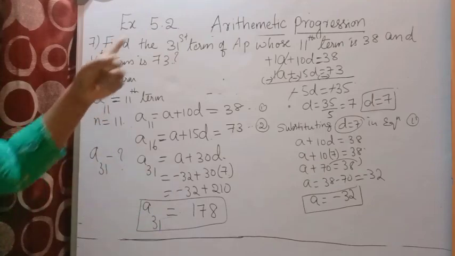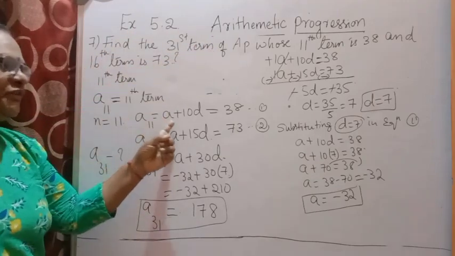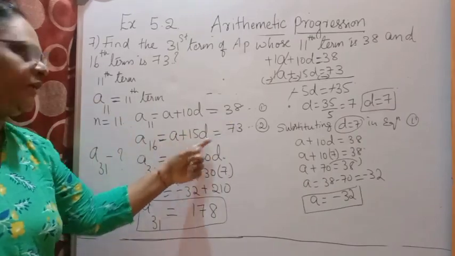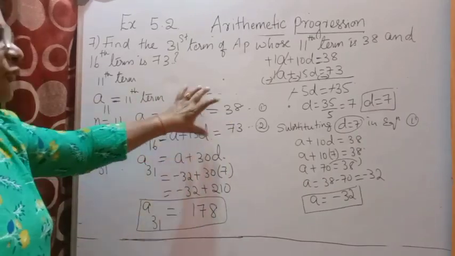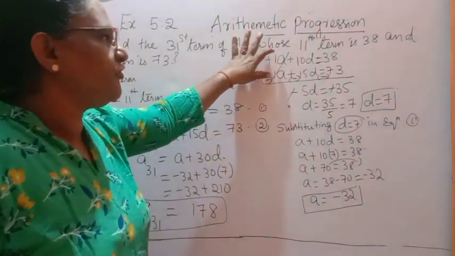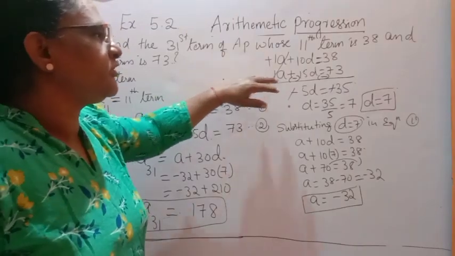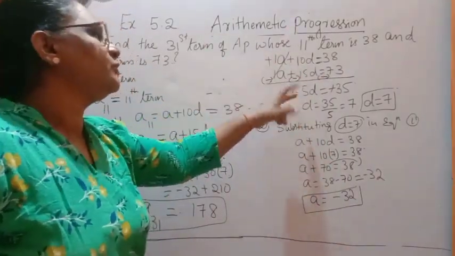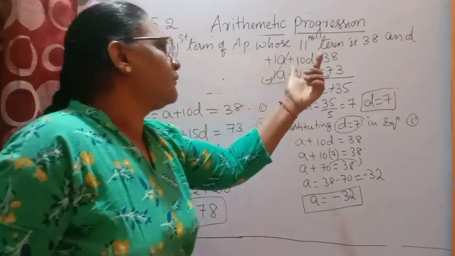Simply, whatever is given, the 11th term is A plus 10D, the value is given. The 16th term is A plus 15D, its value is also given. Take the equations, solve them. A has the same coefficient and the same sign, so just change the sign, cancel the A term, and simplify.